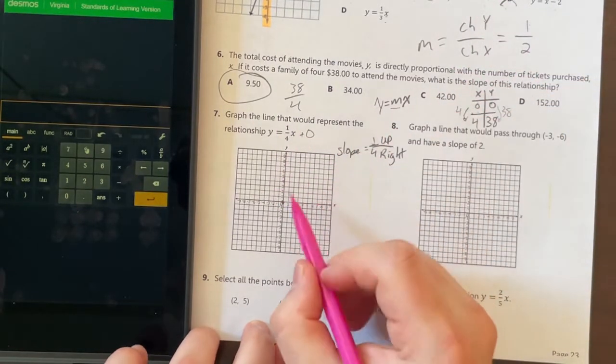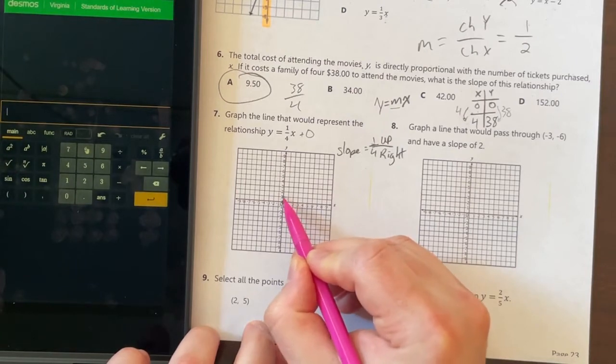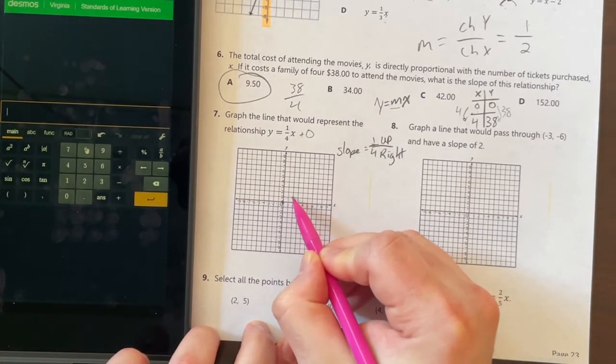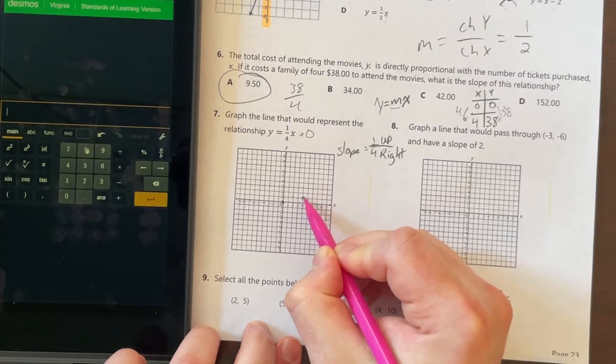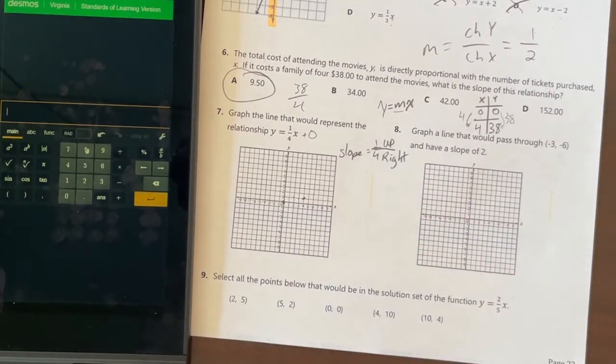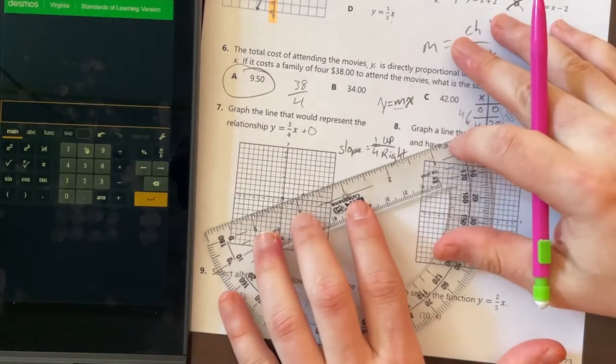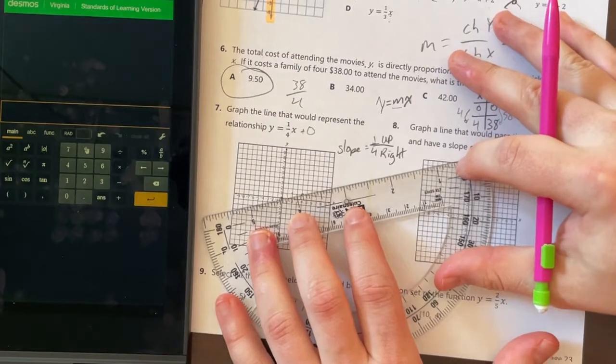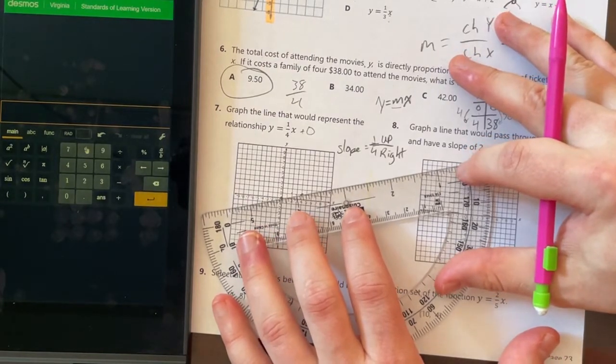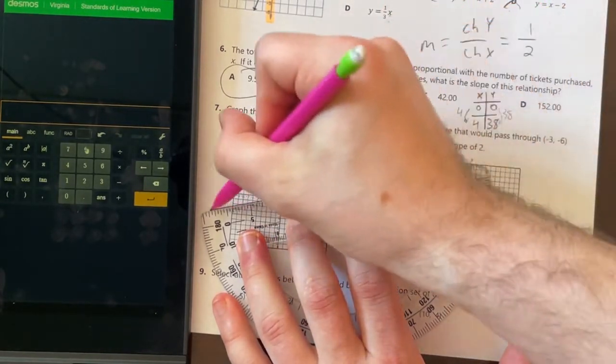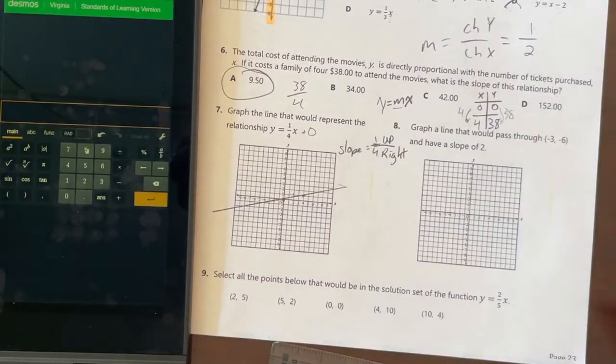So now from this point, I go 1 up and then 4 to the right. 1, 2, 3, 4. And I have another point on the graph. I can find a straight edge and plot out that graph very carefully. Again, those 2 points form that line.